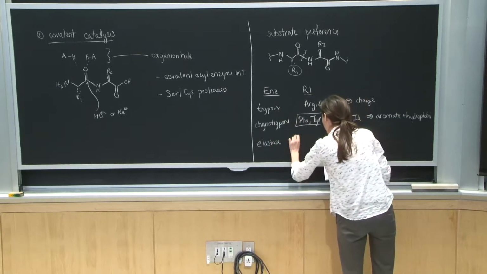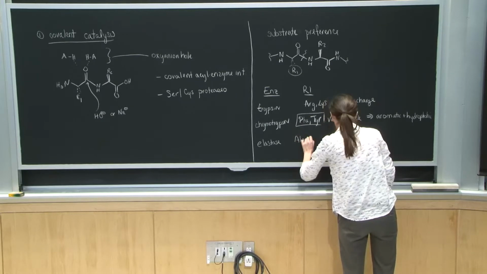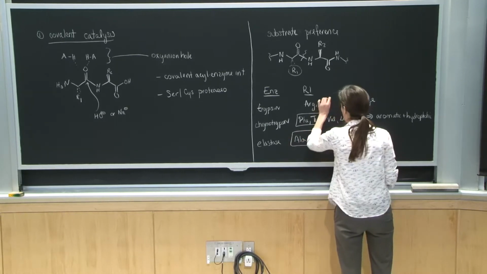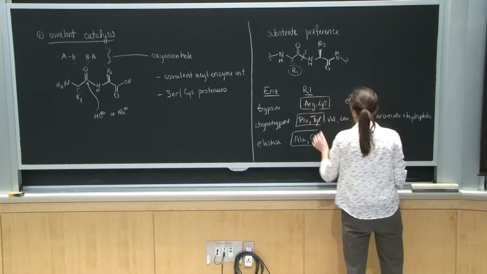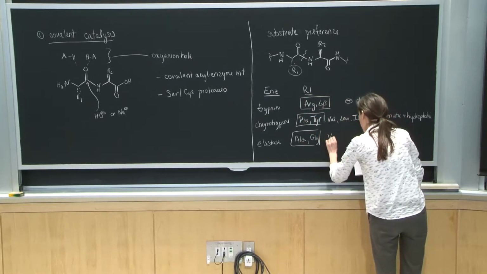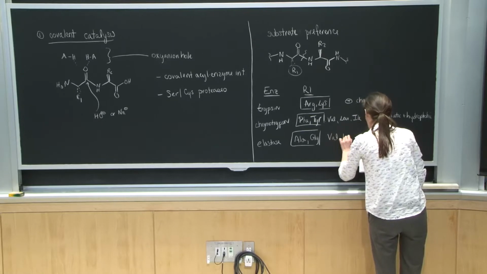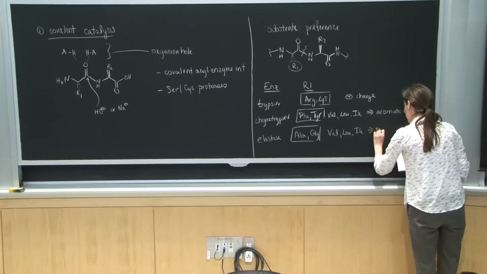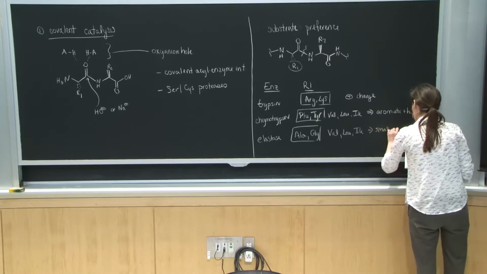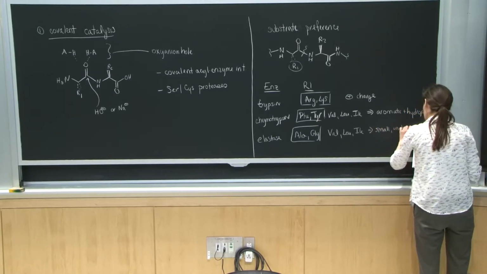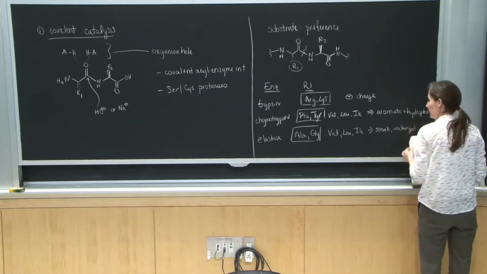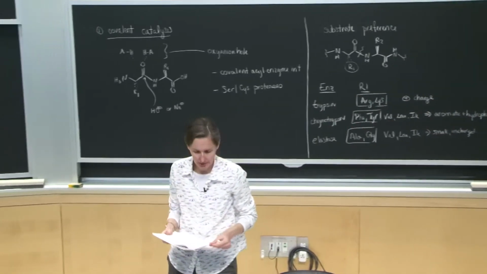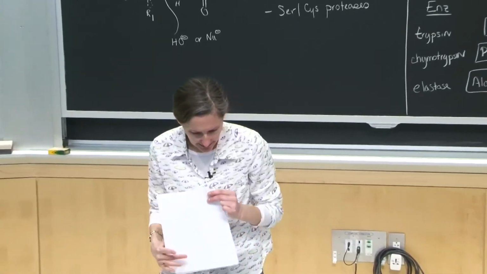Here we find that elastase prefers to cut after small, and if I'm boxing it, these are the ones we think is most preferred, small and uncharged residues. Okay. So some discrimination based on side chain identity.